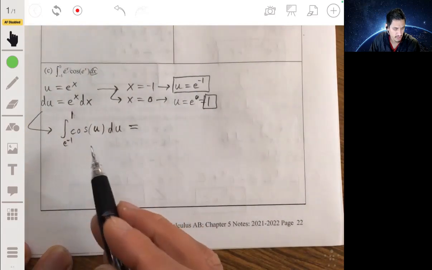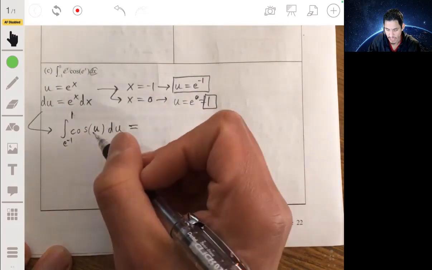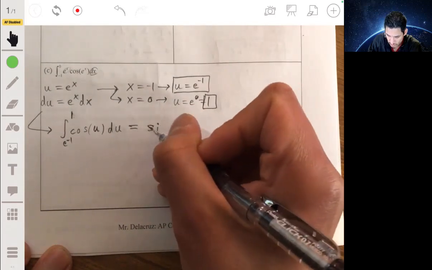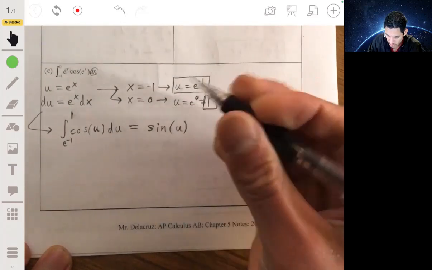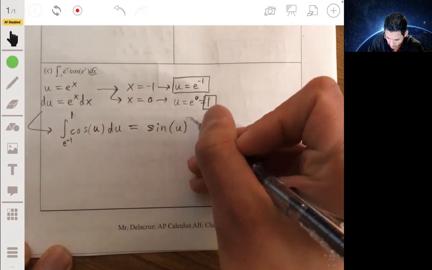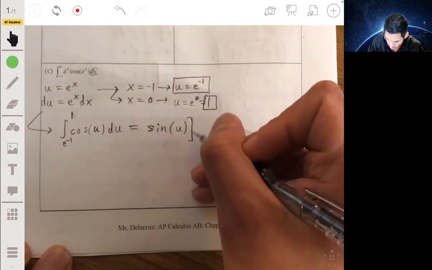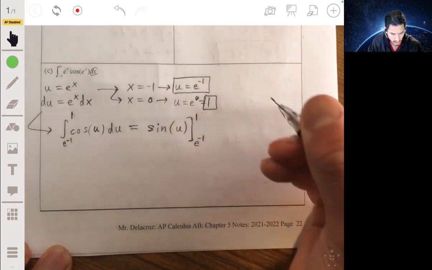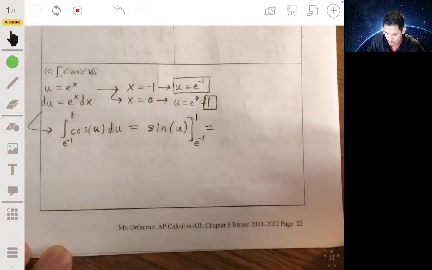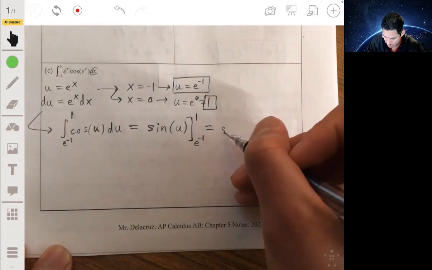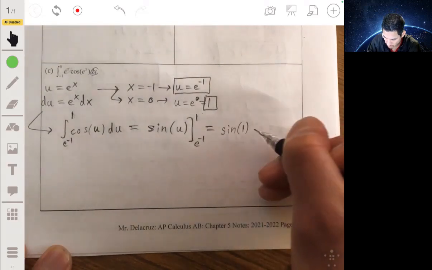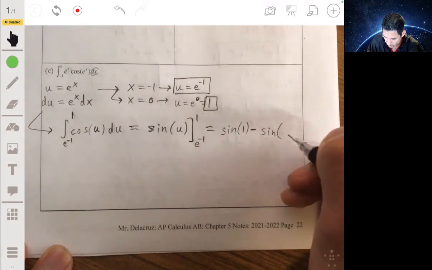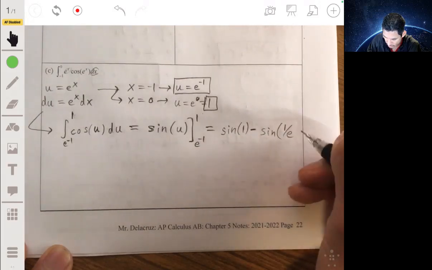So from here, we just integrate: what function has a derivative that's the cosine of u? You should know it's sine of u. And we're going to go from e to the -1 to 1. So evaluating this, we'll have the sine of 1 minus the sine of e to the -1, or 1 over e, same thing.